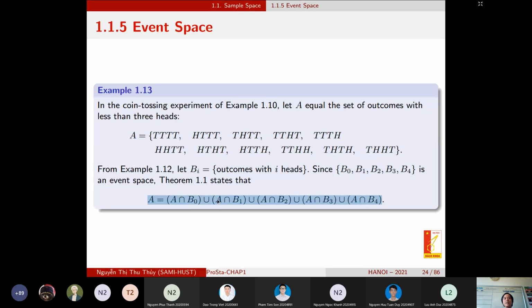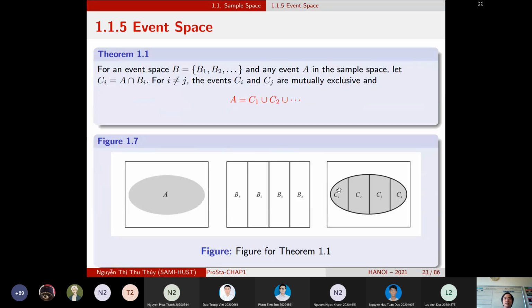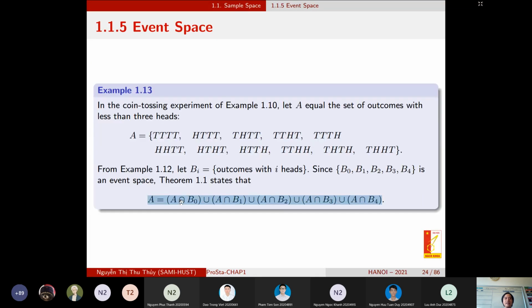A equals A intersect B0 union A intersect B1, and so on. Here is the partition of the sample space, but here is the partition of an event. If we move event A to the sample space, we have a partition of event A. Now we can write it in this form.